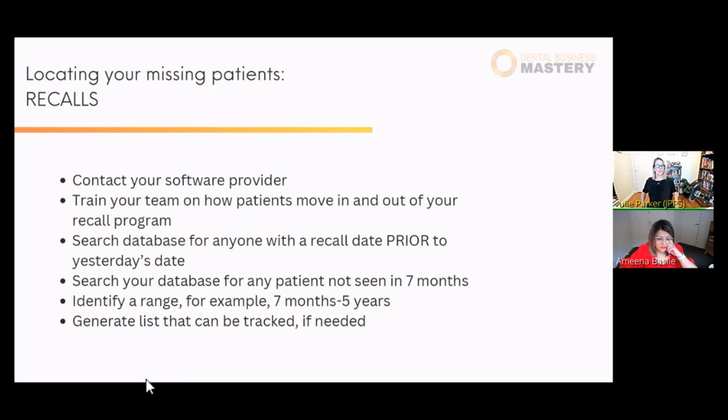And Amina, you talk about this first one, search the database for anyone with a recall date prior to yesterday's date, for example. Yeah, so just say we had already sent out recalls for March 2024.